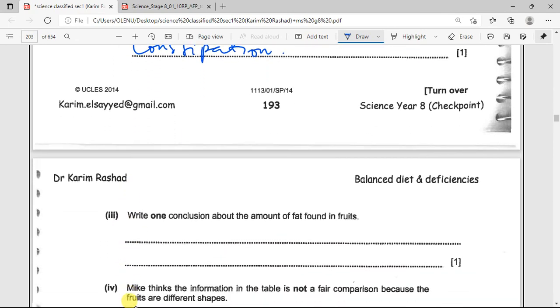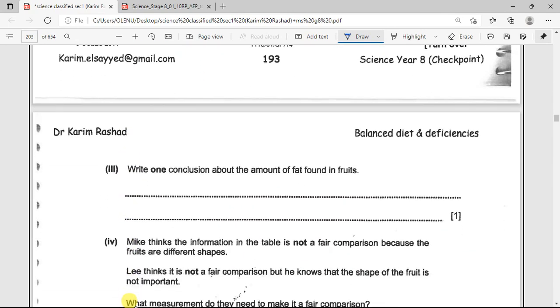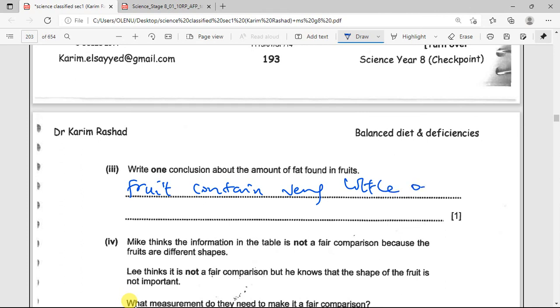Now, write one conclusion about the amount of fat found in fruit. If you look at the table, you find out that fruits contain very little or no fat.